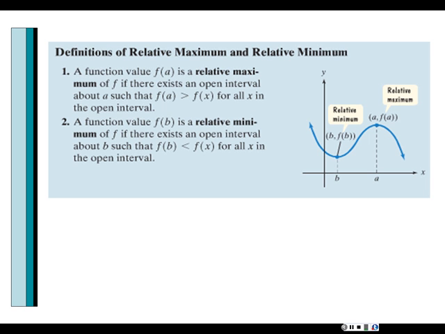Just looking at this graph, whatever we can see right now, we don't see the remaining part, but so far, whatever we see, this is your maxima, right? And this is your minima. Because this is the point where y is maximum, right? And this is the point where y is minimum.